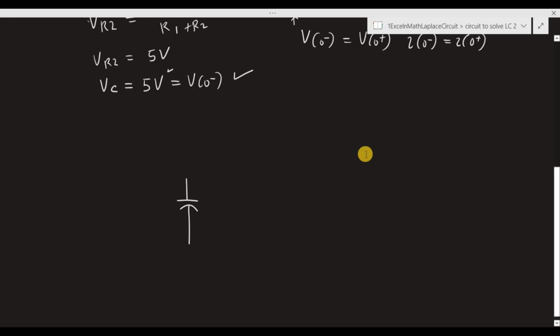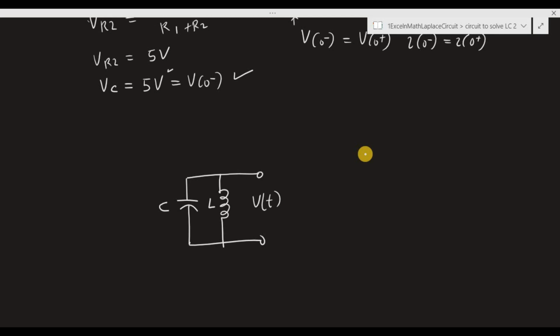We have a capacitor, and the capacitor is in parallel with the inductor. The capacitance of the capacitor is C, the inductance of the inductor is L, and this is the voltage V of t across the capacitor and the inductor that we are going to calculate after flipping the switch.